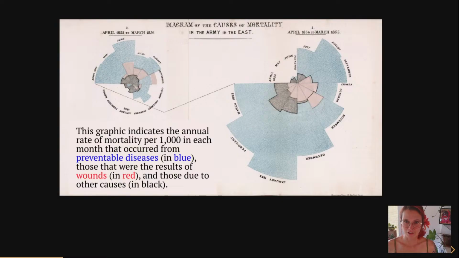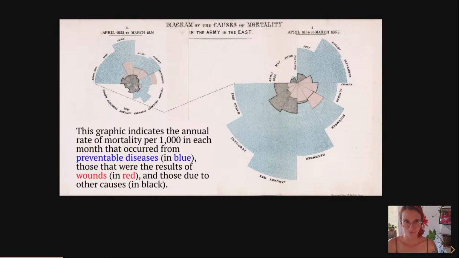And this is her most famous chart. This is actually also called the Nightingale Rose. Somewhere it is also called a sunburst chart, and she didn't invent it, but she made it very famous.